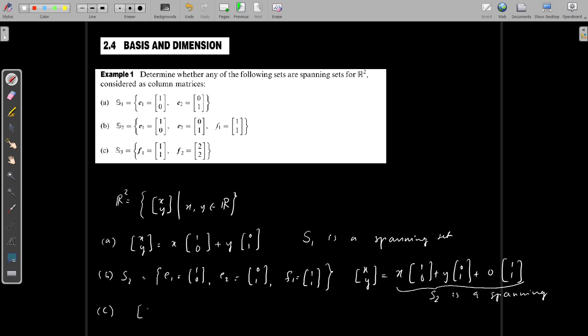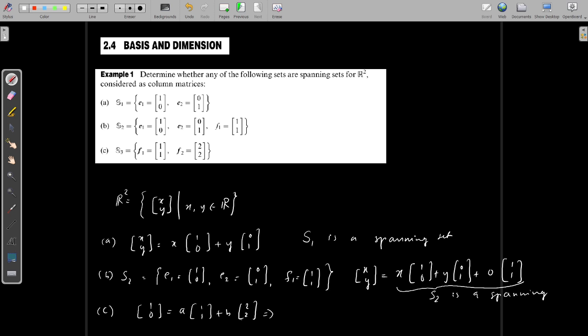But when you consider (1, 0), we can verify whether it is possible to write this as some a times (1, 1) plus b times (2, 2). Okay, so if you can find a and b satisfying this condition, you can say that (1, 0) can be expressed as a linear combination of these.